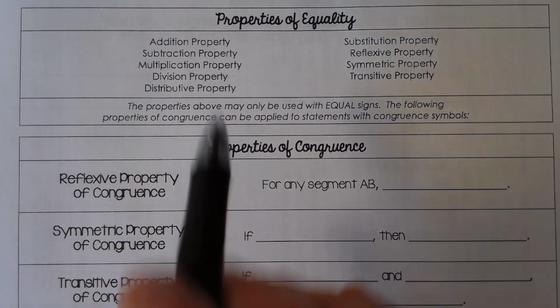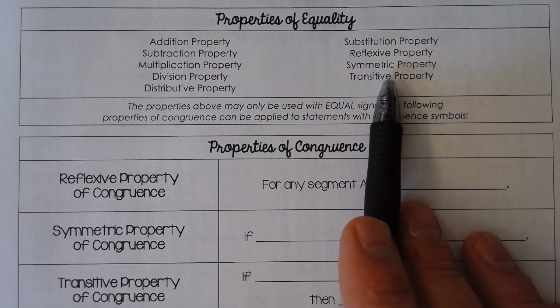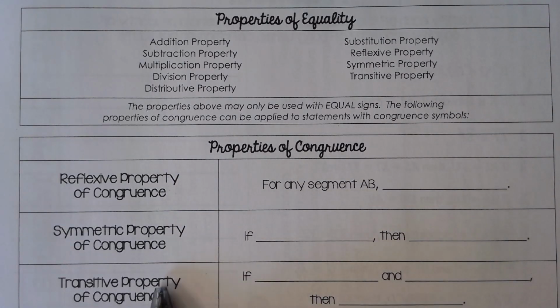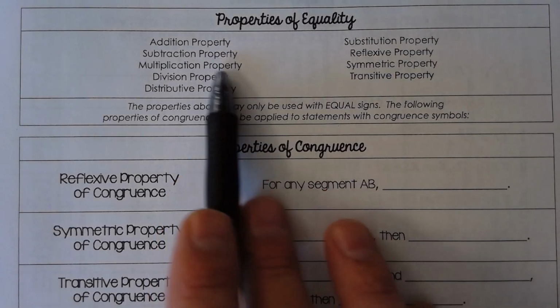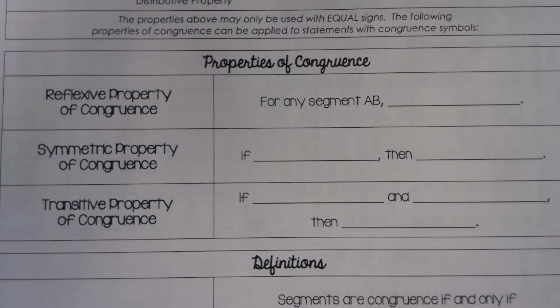Remember that you've still got all of these at your disposal to use in your proofs. We're going to do segment proofs today, so we need some more properties for segments, and you can use these as well to prove your case as to why something is true. So let's get into the properties that we're going to use.